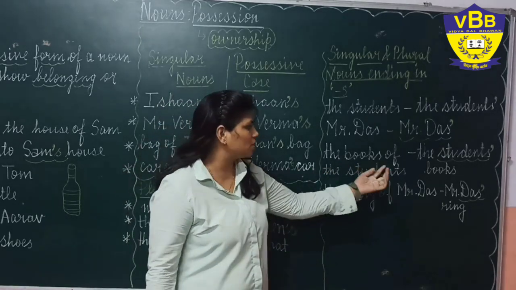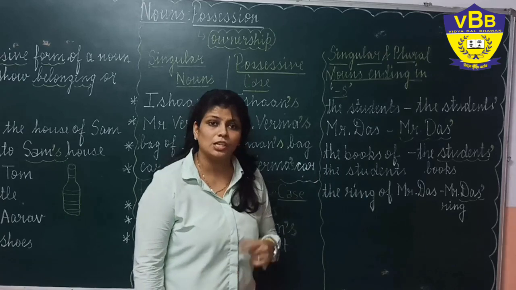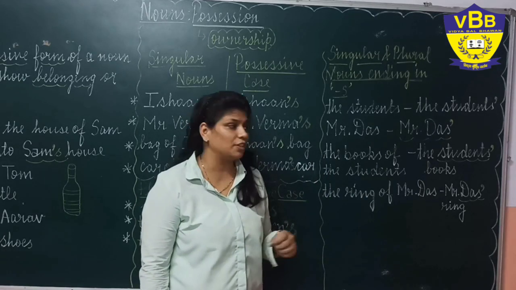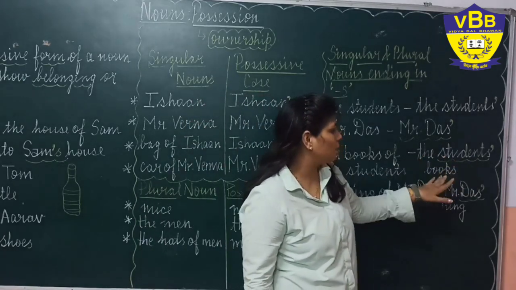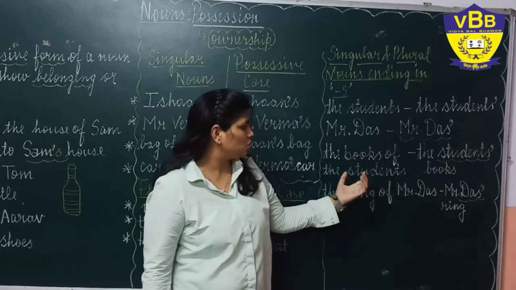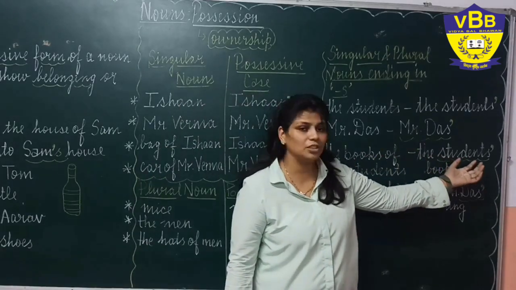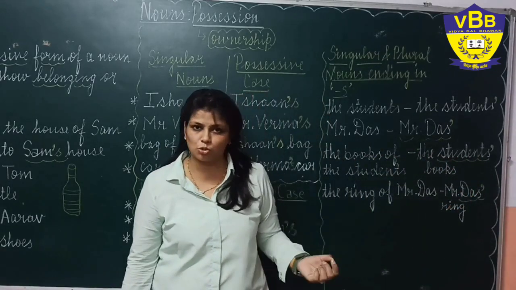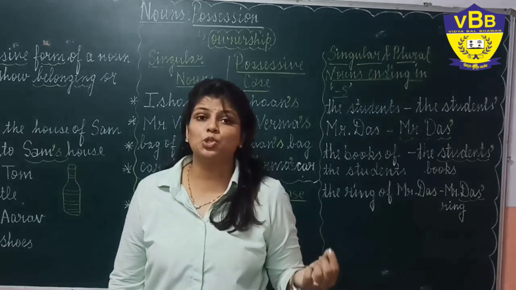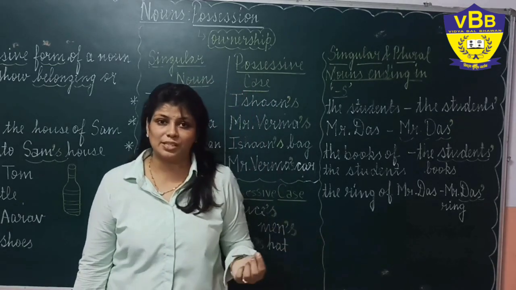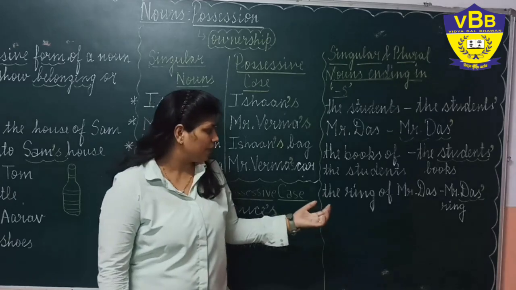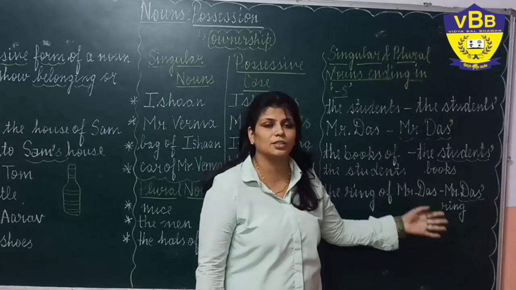Now suppose the books of the students. How will I make it into the possessive case? The students' books. I have written students here and just added an apostrophe after students to change it into the possessive case. Then the ring of Mr. Das.